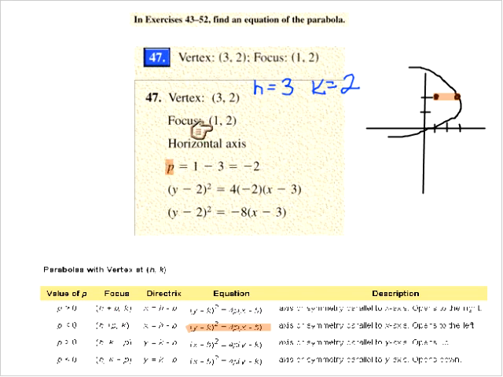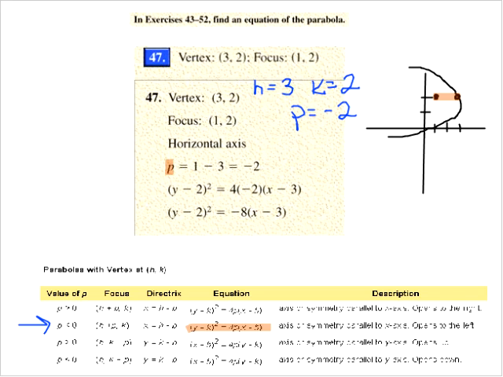And to find p, I take my focus minus my vertex. So 1 minus 3 is negative 2. So that's how I get p to be negative 2. Okay. I know that I'm now using, since p is negative, this row here of formulas.